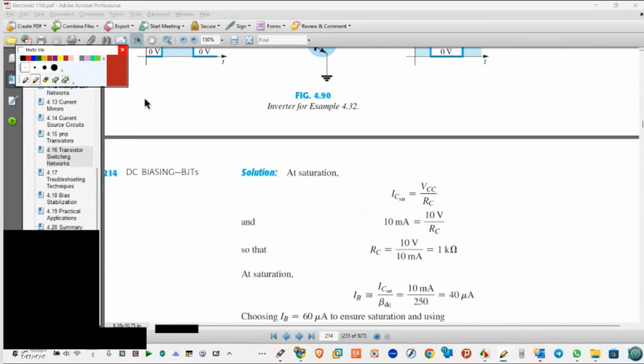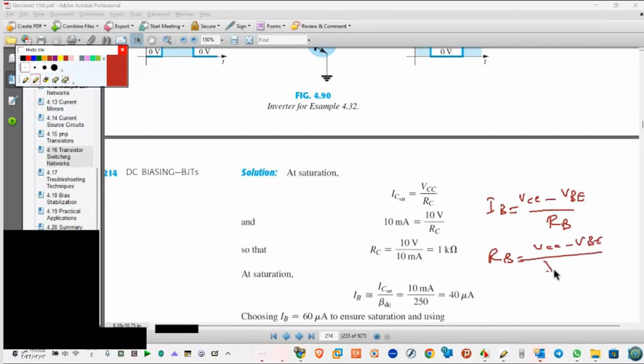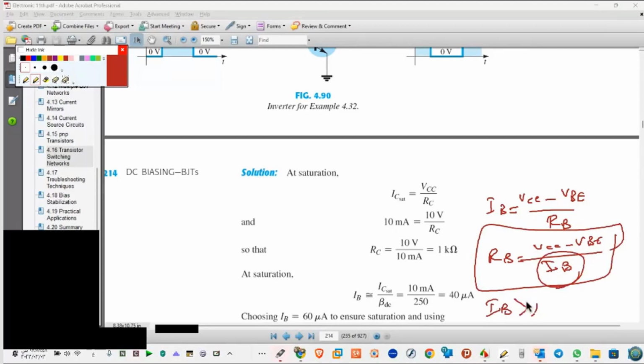Now I want to find RB. We know that IB is VCC minus VBE over RB. So RB here is VCC minus VBE over IB. But which IB? IB here should be bigger than IB max because I want to work in saturation. Good.